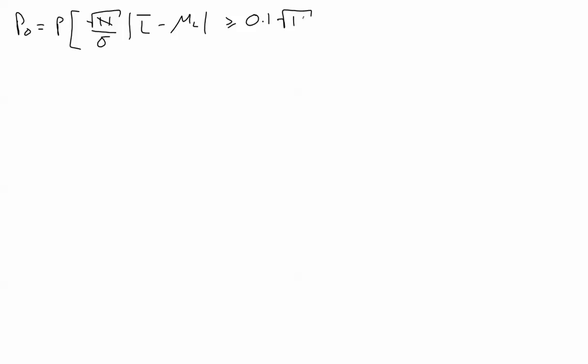Let's remind ourselves where we are. P naught equals the probability that square root of n over sigma L times L bar minus mu L is greater than or equal to 0.1 square root of n.